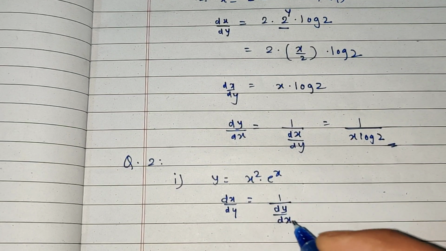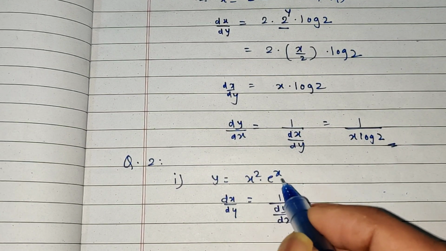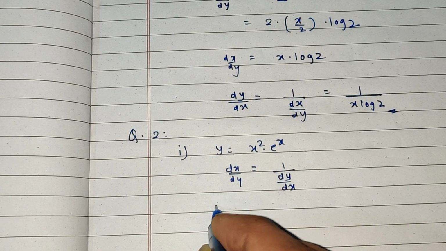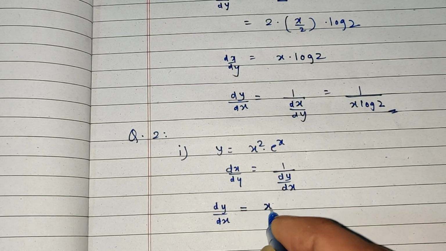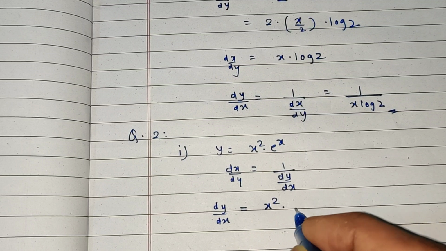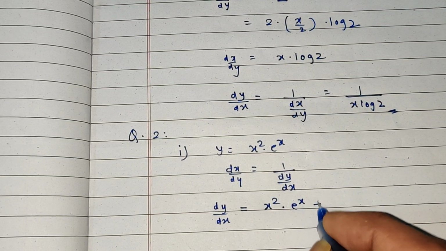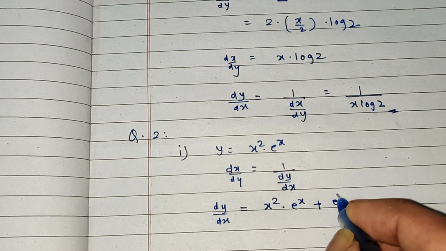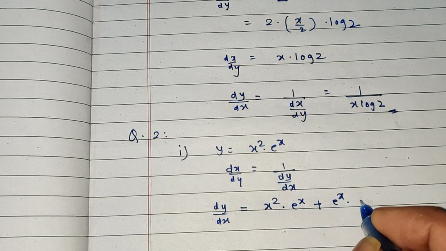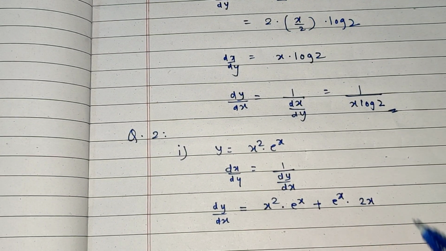So we find dy by dx, this is product rule, u into v. Derivative dy by dx is equal to x square into derivative of e raised to power x, which is e raised to power x, plus e raised to power x into derivative of x square, which is 2x.